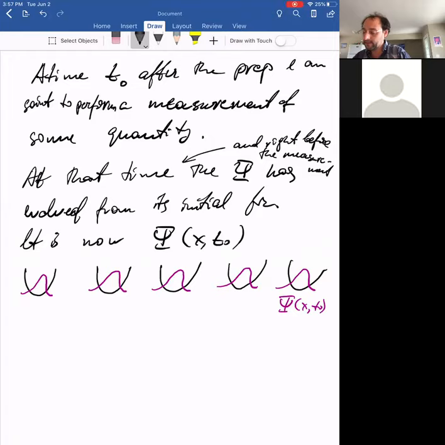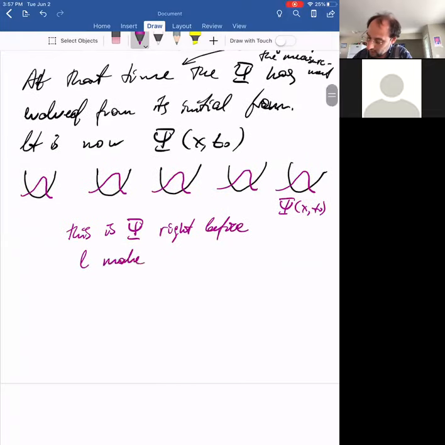At that time, meaning right before I perform the measurement, the wave function has matured, it has evolved from its initial form, and it is now this, right? So this is the wave function right before I make the measurement.